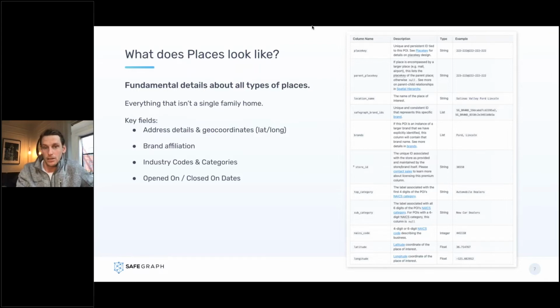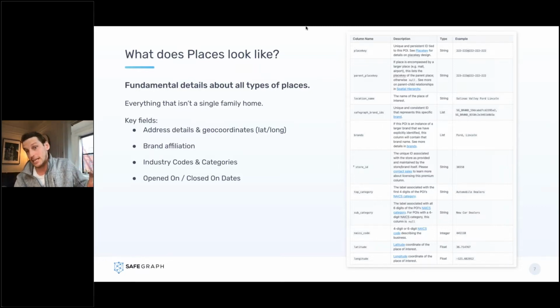Now on the right, you'll see an actual screenshot of our doc site detailing the schema. And a lot of this stuff seems pretty straightforward, but is actually incredibly difficult to obtain and to ensure quality around, which I'll touch on in a couple more slides. But just to wrap this one up, you'll see key fields, brand affiliation, industry codes and categories.